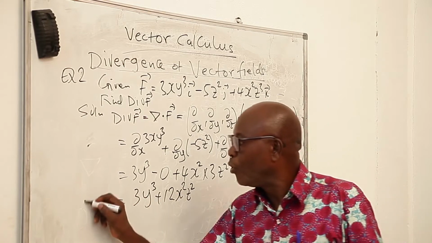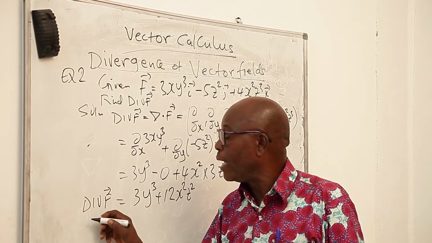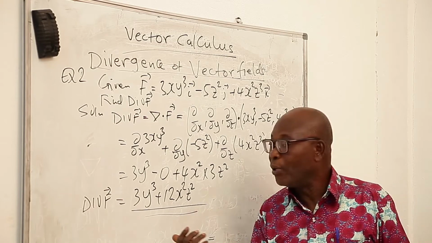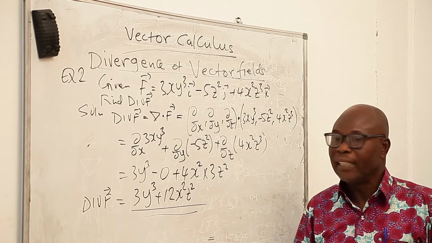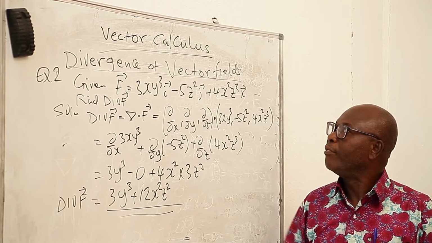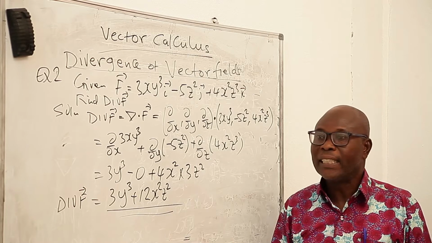And so for a 3 by 3 or a vector field in space, this is how we calculate the divergence. And now to conclude this presentation, we can see that divergence is a scalar quantity.